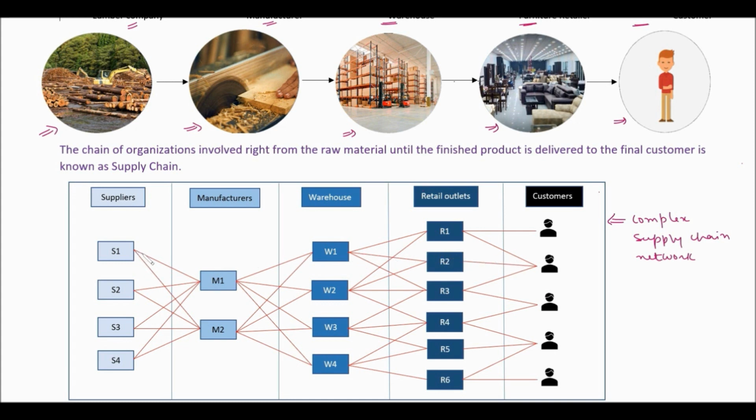Each of the suppliers is supplying to multiple manufacturers. Each manufacturer is supplying to multiple warehouses. Each warehouse can reach to multiple retail outlets, and each retail outlet is catering to multiple customers. So this is an example of a complex supply chain network where you have multiple entities interacting with each other.